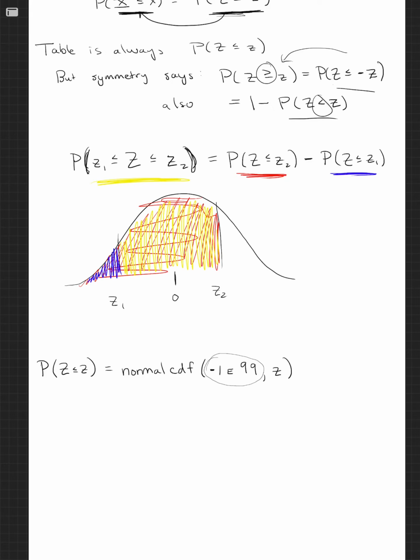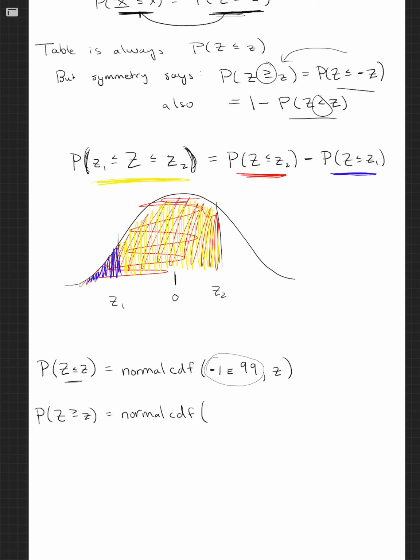This is secretly standing in for negative infinity, and that says that we want to know everything from negative infinity up to z, right? And that's exactly what less than or equal to z means.